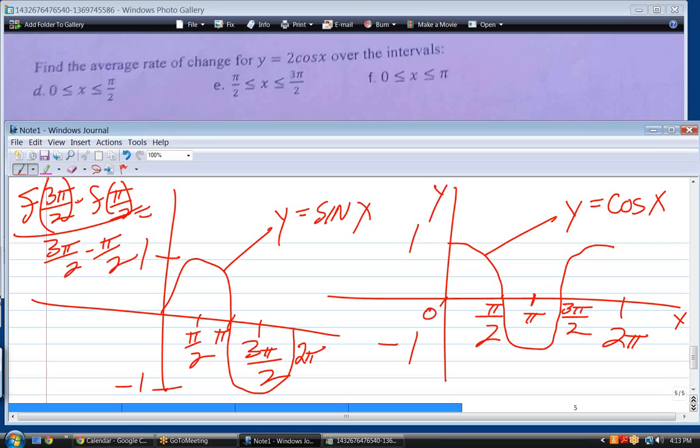Now, what is f of 3 pi over 2? That's this curve, but remember, it's not this curve. This is your basic cosine function. So let's figure out what cosine of 3 pi over 2 is, and then multiply it by 2.